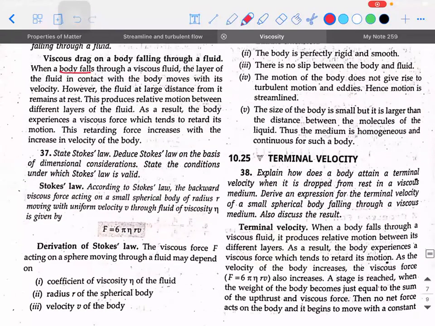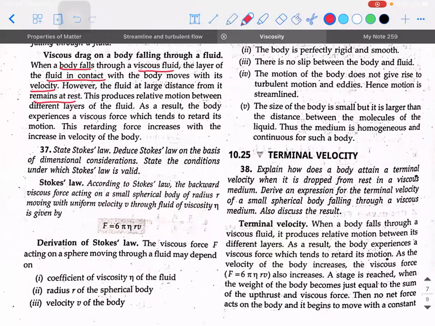When an object moves through a viscous fluid, the layer of the fluid in contact with the body moves with its velocity. However, the fluid at a larger distance from it will remain at rest. That is coming because when the solid part is in contact with the liquid, that portion of the liquid will be at rest.